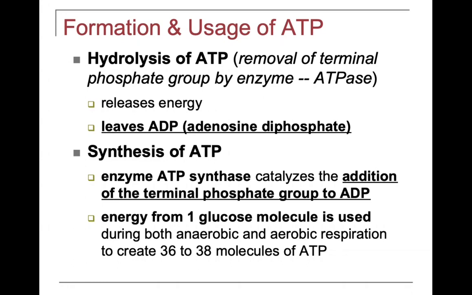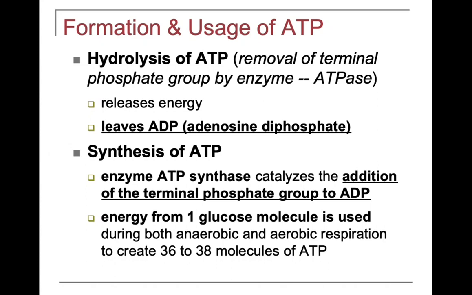Hydrolysis of ATP is the removal of a terminal phosphate group. The enzyme that's needed to break down ATP to release energy is called adenosine triphosphatase, or ATPase. That's going to release energy. But what you're left with is ADP.